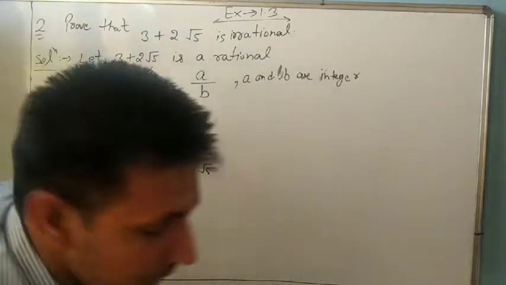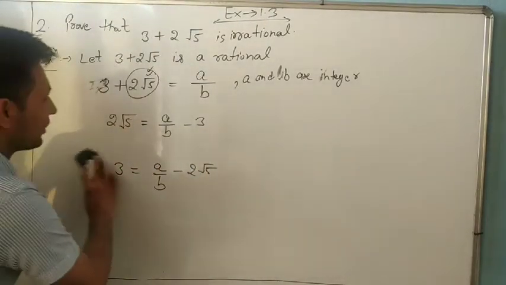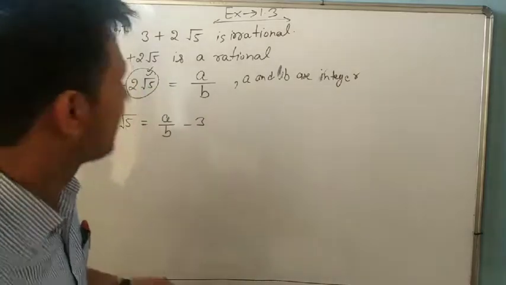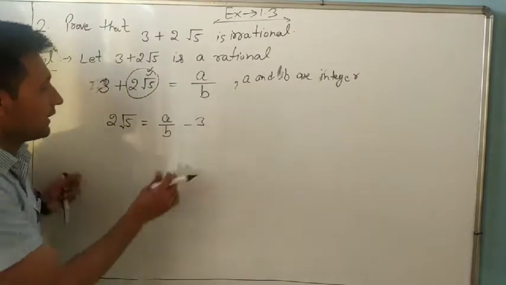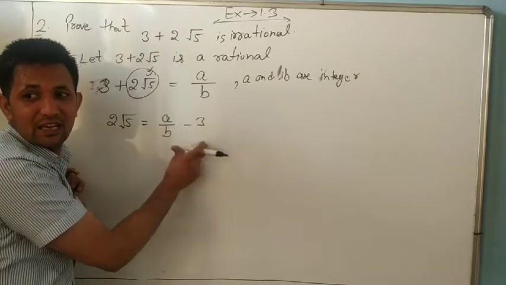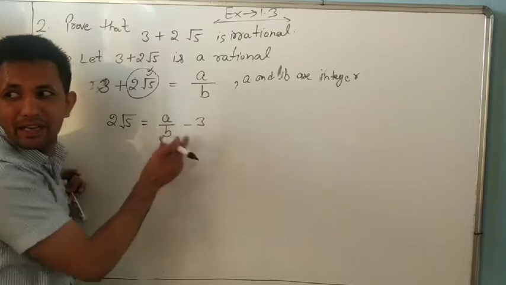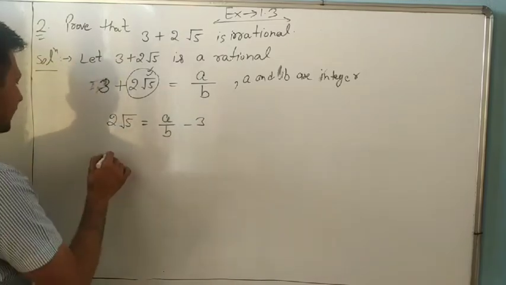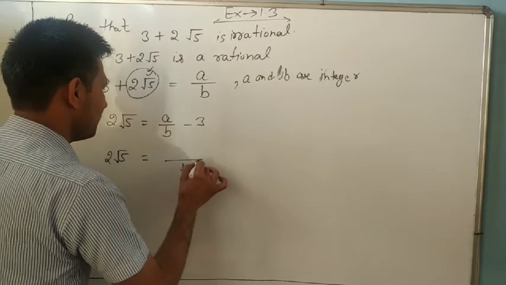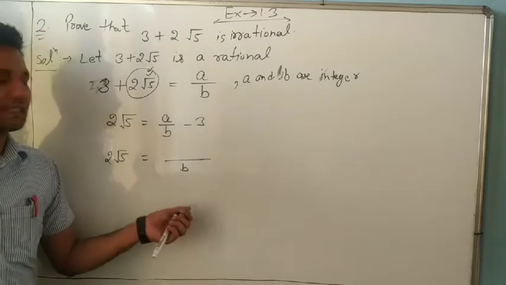But because we want to take the root number on one side and the other numbers on the other side, 3 goes to the other side with a minus. Now it is like a fraction, right? And how can we add or subtract fractions? By taking the LCM. So what is the LCM? The LCM is B.